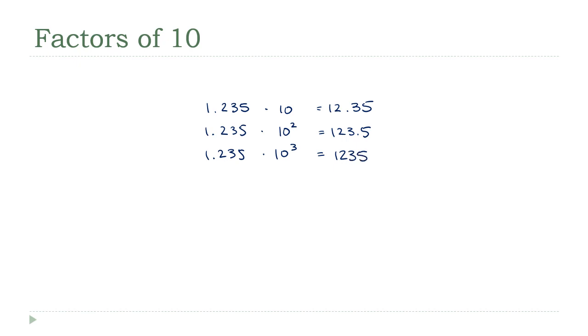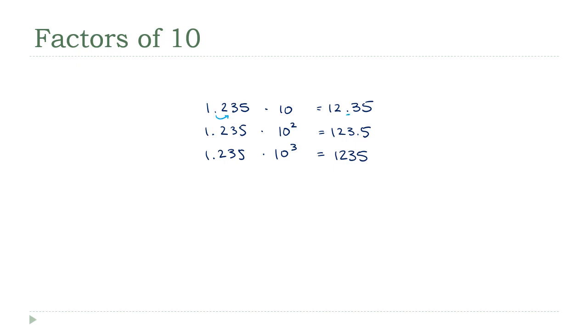All right, what I really want you to focus on, this is going to make a lot of these conversions in the metric system go a whole lot faster, is what happened to the decimal place. Because you notice in each of these examples, the digits 1, 2, 3, and 5 didn't change. The only thing that changed was where the decimal point ended up. So when I multiplied by 10, 10 to the first, the decimal point moved one place to the right.